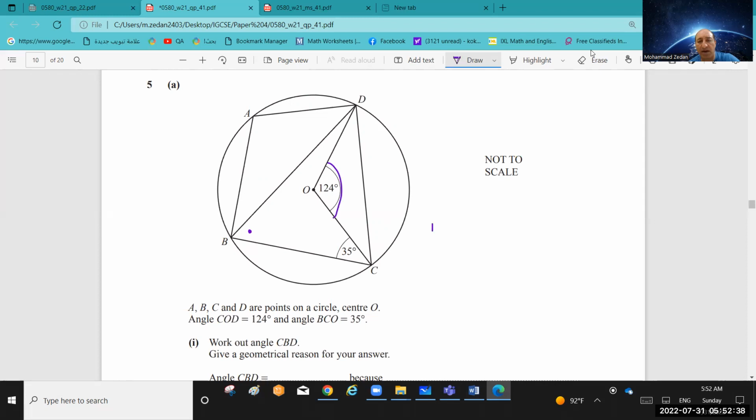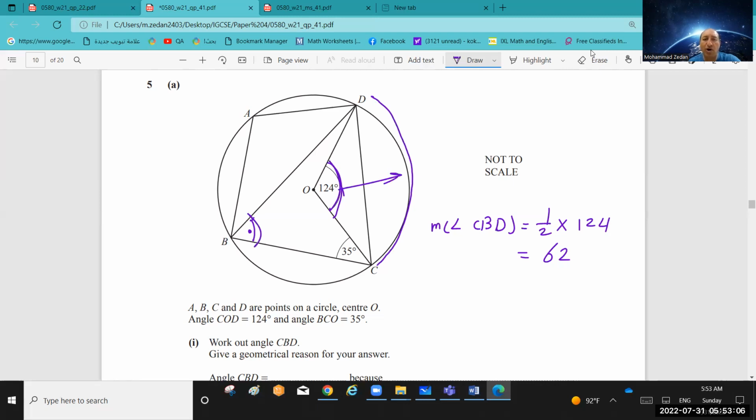So simply you will say the measure of angle CBD is equal to half the measure of 124, which is 62, because the measure of an inscribed angle equals half the measure of the central angle subtended by the same arc.